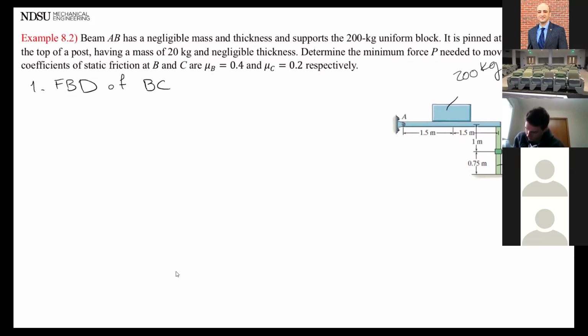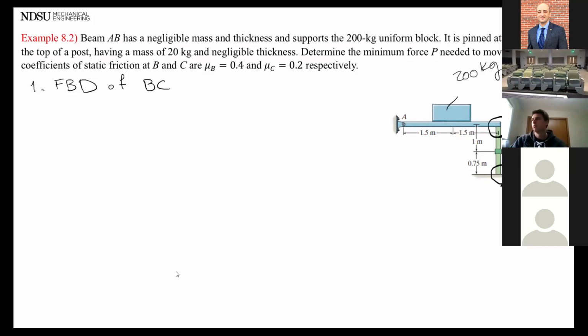So in problems like this, there are 2 members sliding and moving in relation with each other. BC is going to slide, so I'm going to have some friction here, and some friction here, right? Because there are two members, a beam and a post, sliding on top of each other.